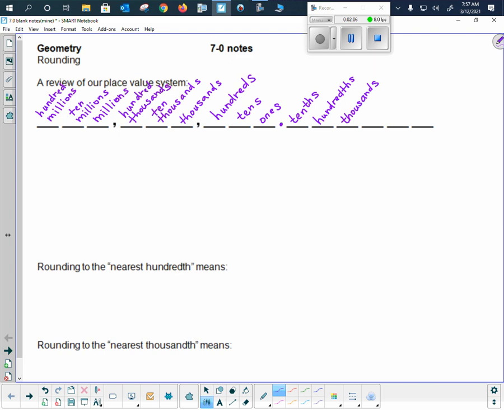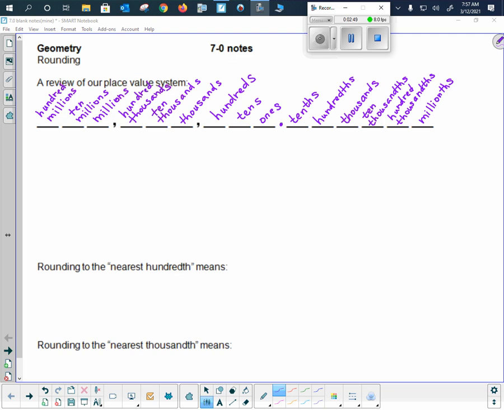And then 10,000ths, 100,000ths, and then millionths. And you would just keep following that same pattern.